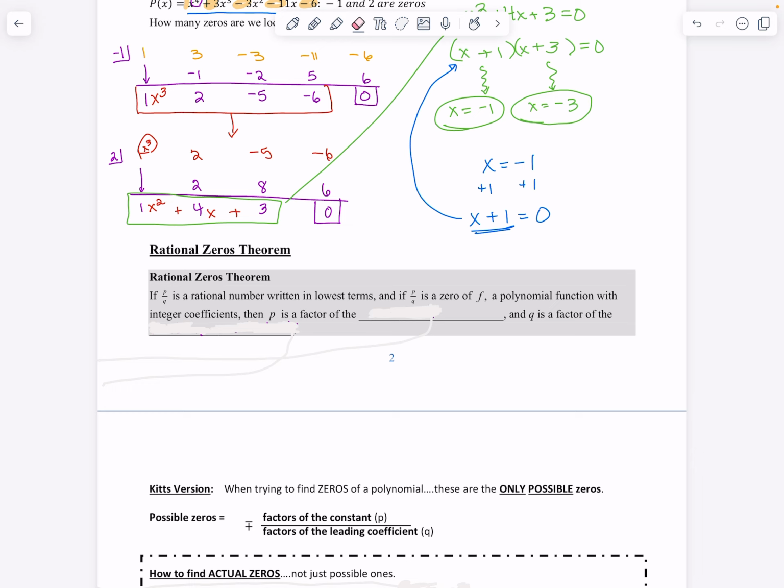And it says if P over Q is a rational number, a fraction, and that P over Q is a 0, then a polynomial function with integer coefficients, then P is a factor of the constant, and Q is a factor of the leading coefficient. Now, what in the world does that mean?